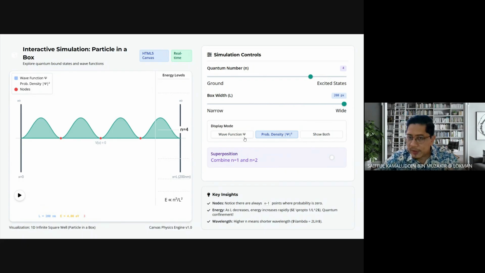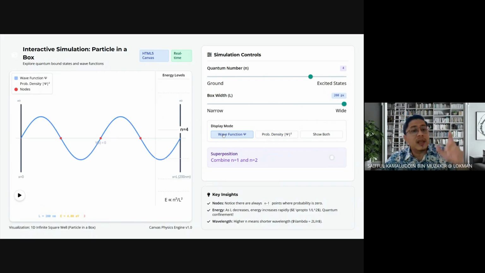This is very important. I might ask you to draw the wave function in infinite well with quantum number equals to 4 or 3, 2, and 1. So if quantum number is n equals to 4, make sure the nodes are 3. Macam ni. So if you are drawing wave function, should be like this.